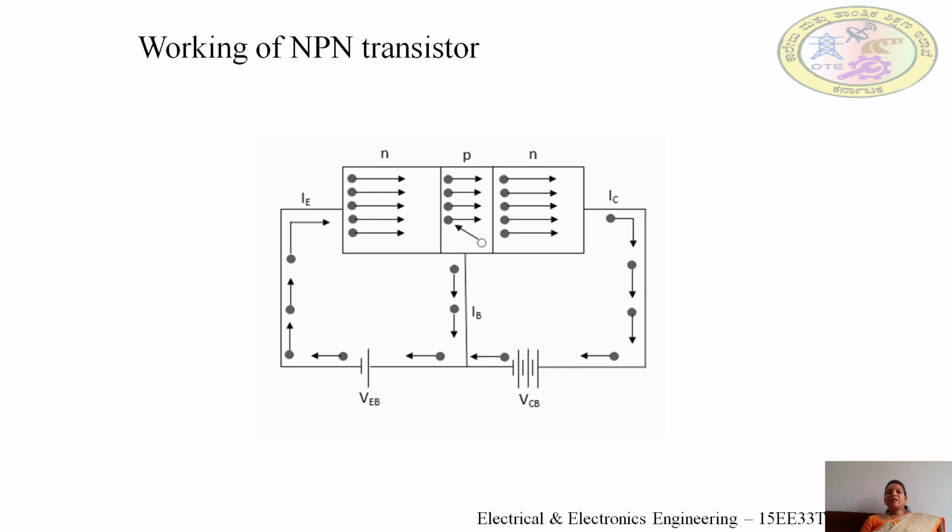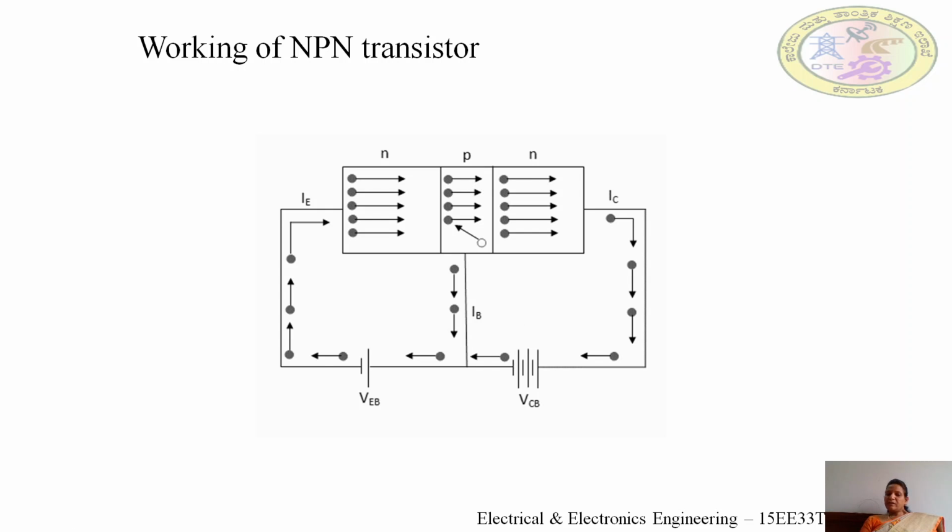Before getting into the working of NPN transistor, let us try to understand the transistor action. We all know that for the normal working operation, emitter base junction must be forward biased always. Similarly, the collector base junction must be reverse biased.